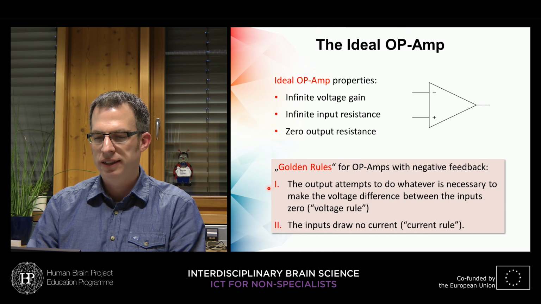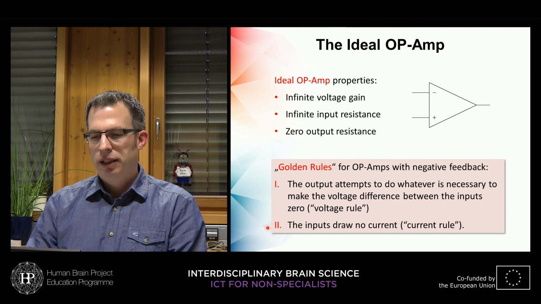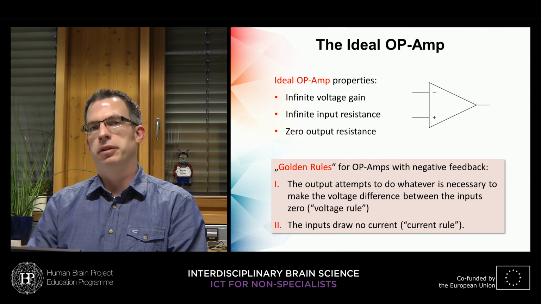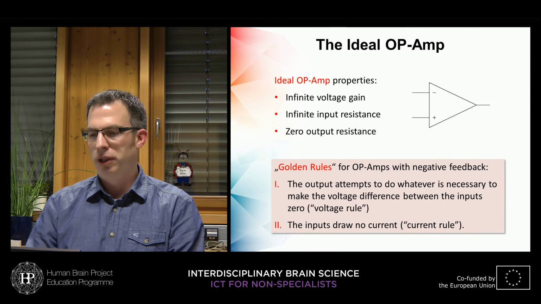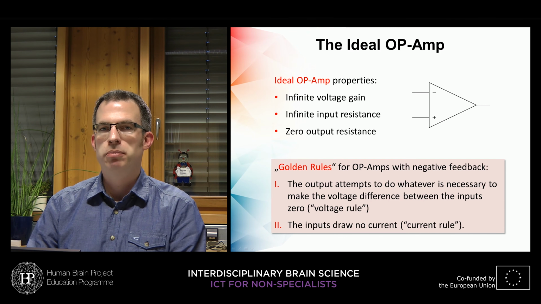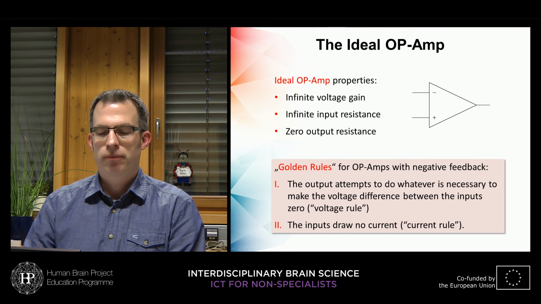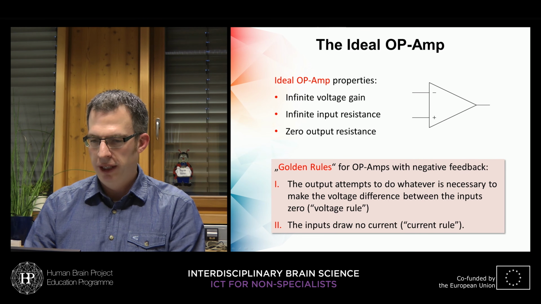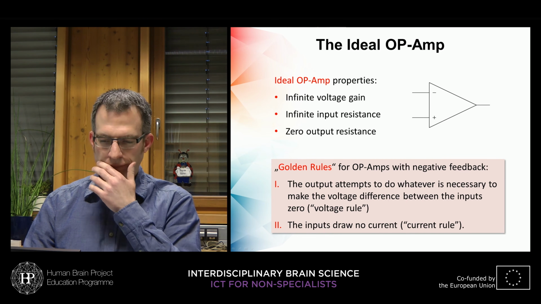That's what the first rule says. Second rule: the inputs draw no current. That's the current rule. So if we apply any current analysis, we don't assume that any current is flowing into the inputs, which will be very useful for analyzing circuits that are made of these devices.